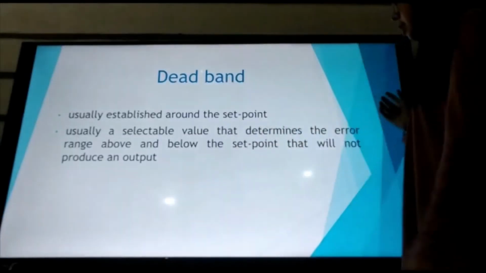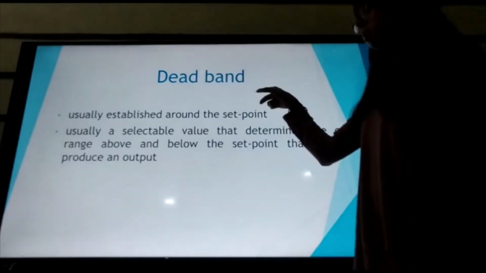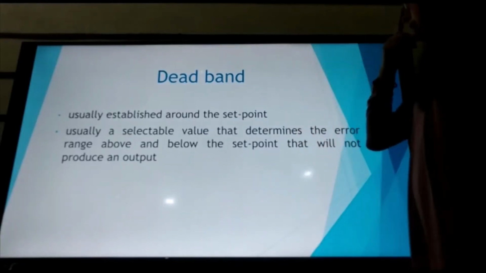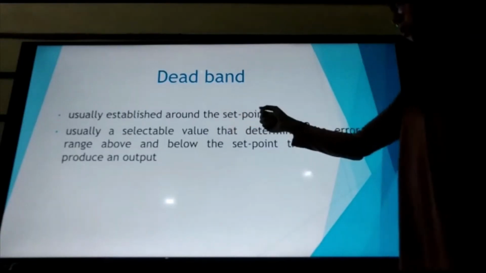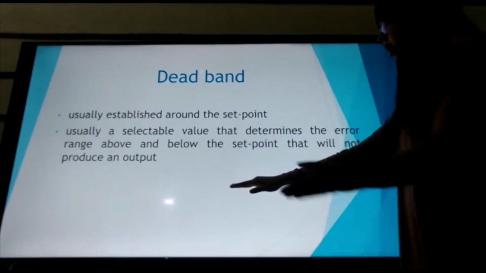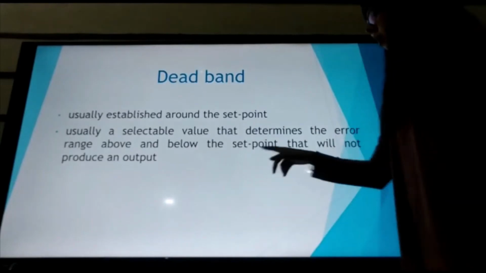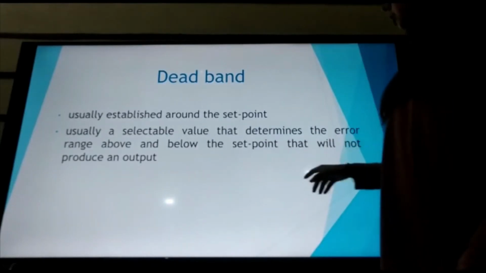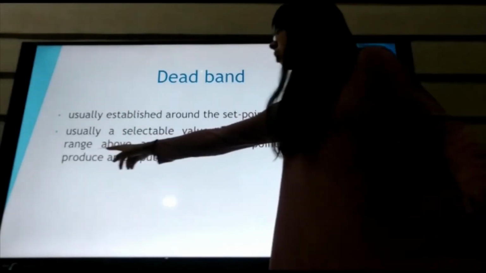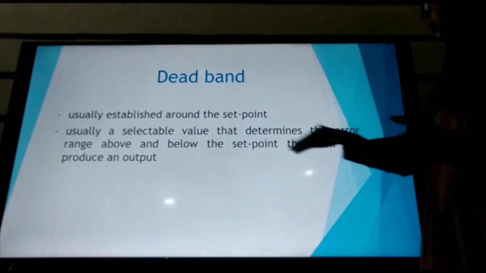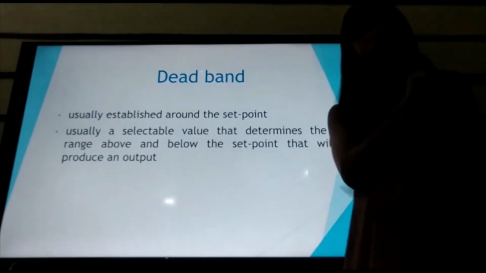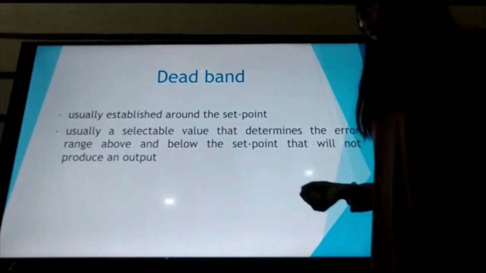Now in this slide, we're going to talk about the differential gap. In an on-off controller, there is usually a set point around which there is a selectable value that determines the error range above and below the set point that will not produce an output.